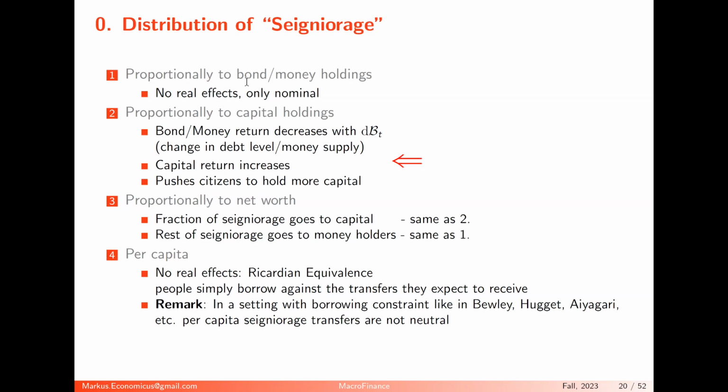And for them, it's part of the wealth already. So if there's no borrowing constraint, it has total Ricardian equivalence. I can, for example, print my bonds, create some seigniorage, and I know in 10 periods I get it back from the government. It's part of my wealth already.